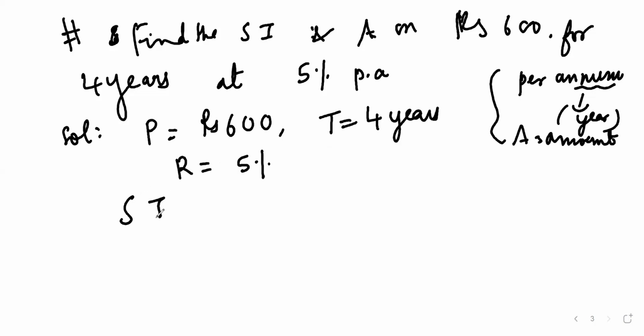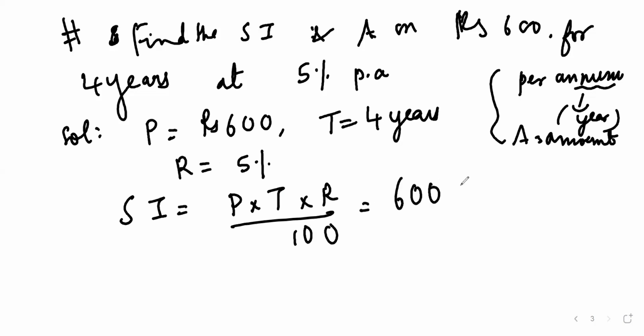So first let's calculate simple interest: P into T into R by 100. What is P? Principal, that is the amount borrowed, 600. Time is 4 years. That is to calculate the interest that the person has to pay for keeping the money with him for 4 years, and then he'll have to repay it as amount, principal plus interest.